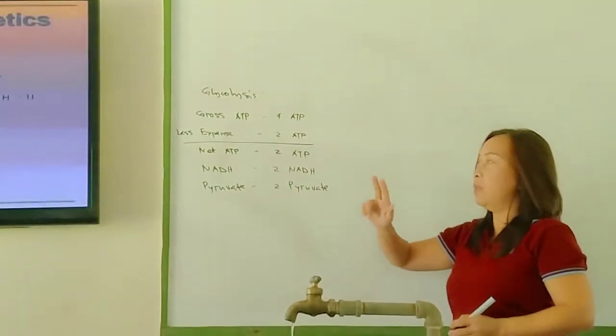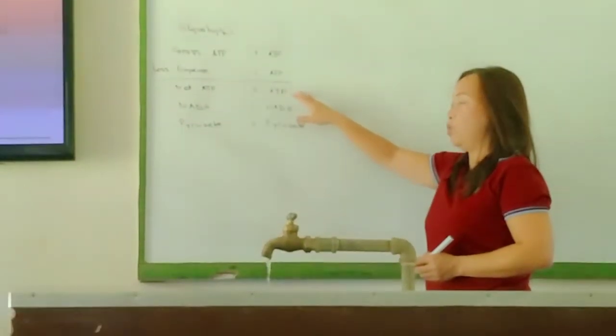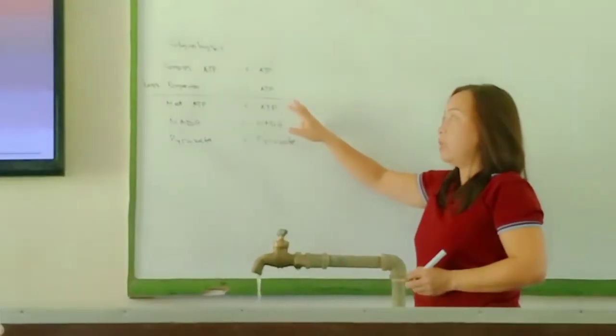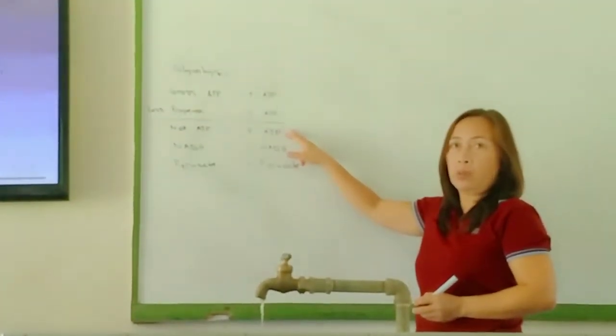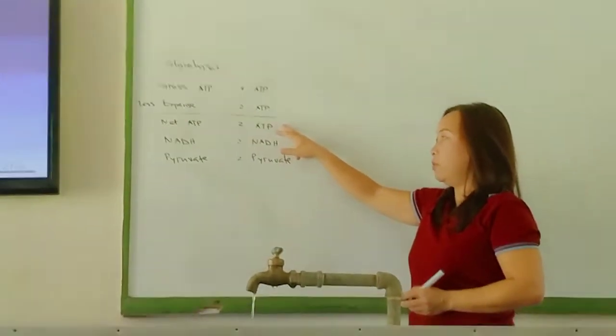So we have these 2 ATP, which is already net. That is only in glycolysis. Now these 2 ATP can be used right away by cellular activities.